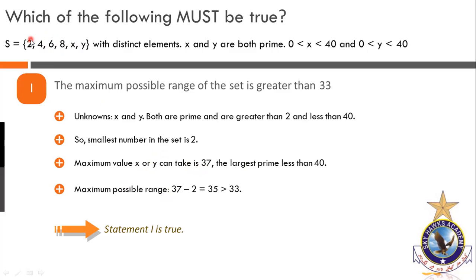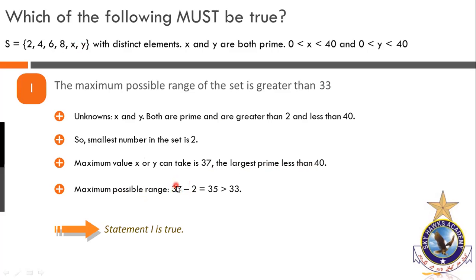Minimum, we have already pointed out, is 2, and whatever x or y we are putting, the maximum value is 37, the largest prime less than 40. So the maximum possible range: the maximum value must be 37 as per the given condition, and we have the minimum value also.